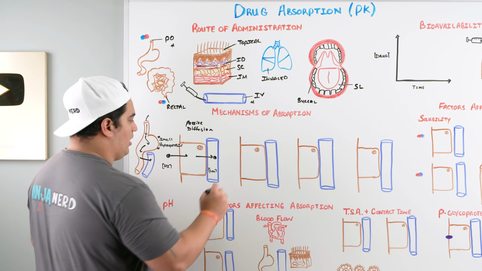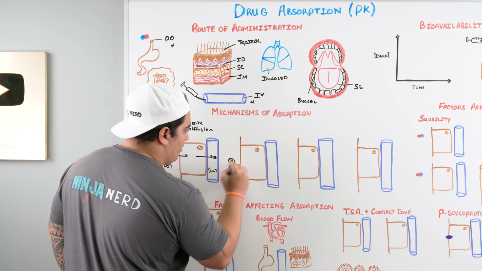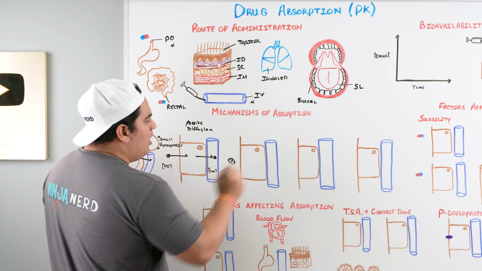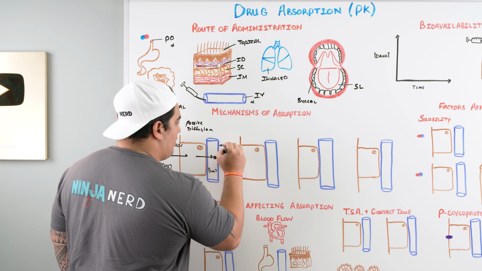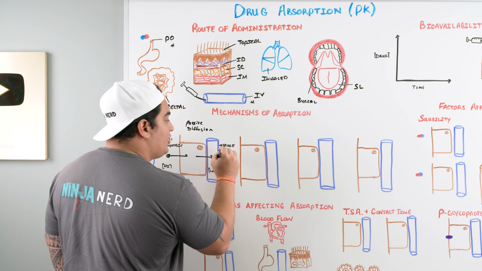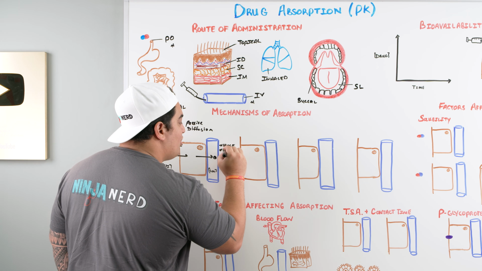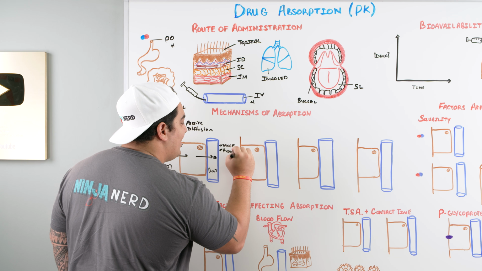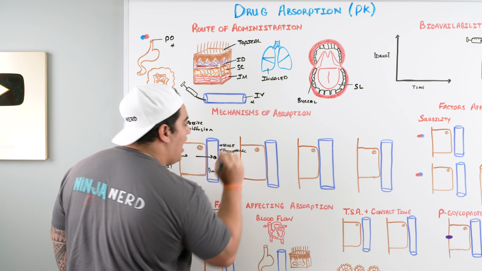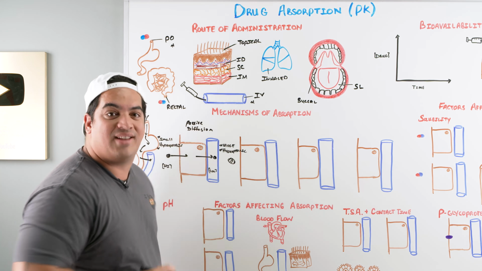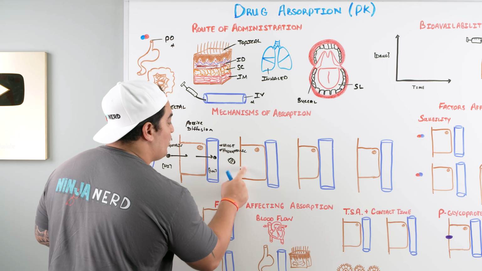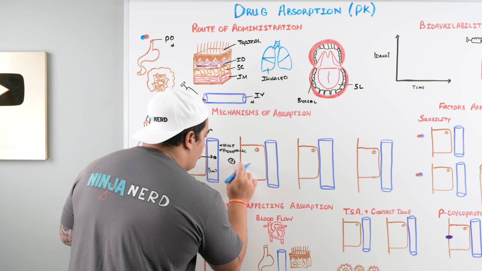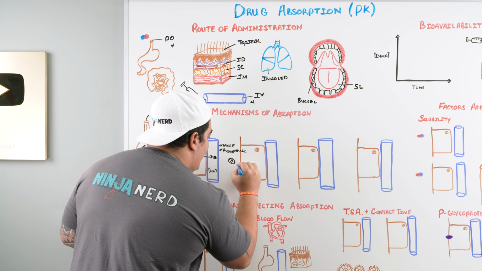Now let's say that you have another molecule here, another drug that you're trying to absorb and move across here. But this drug is a little bit bigger, or maybe not necessarily large, but maybe it's hydrophilic. So hydrophilic agents will not be able to easily move across the cell membrane. Because of that, they will require specific types of transporters, special types of proteins that will facilitate their entry into the cell.